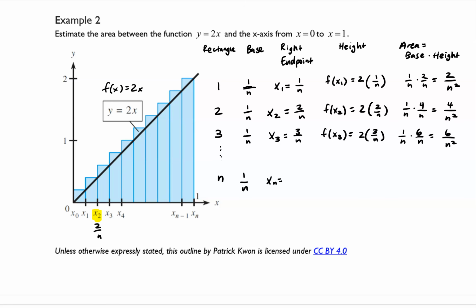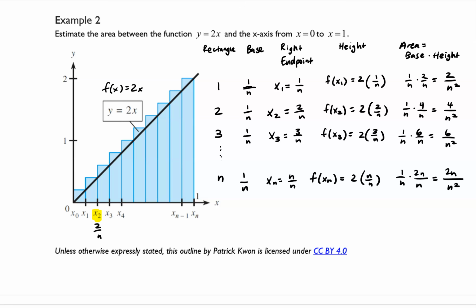So x sub n would be n over n, and then f of x sub n will be 2 times n over n, and then the area of the rectangle will be 1 over n times 2n over n, and that's going to equal 2n over n squared.